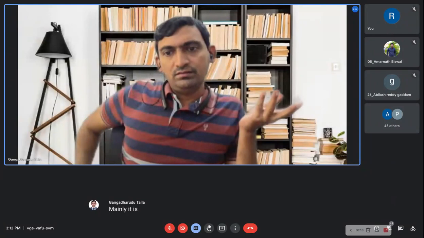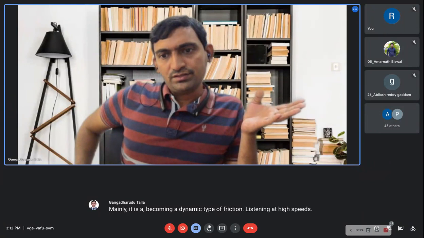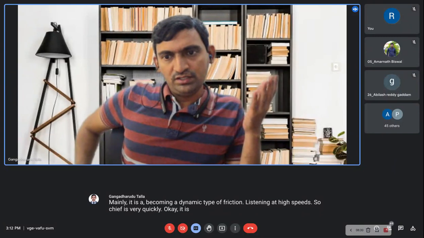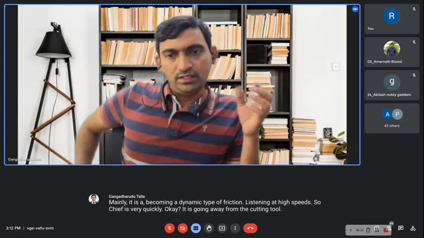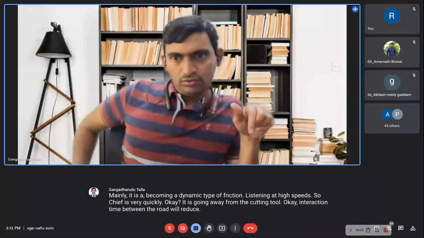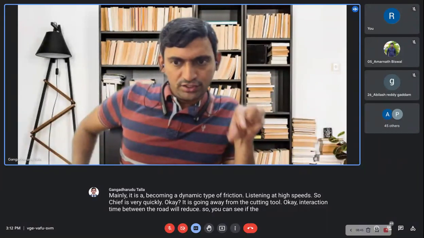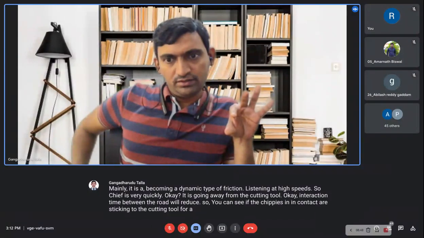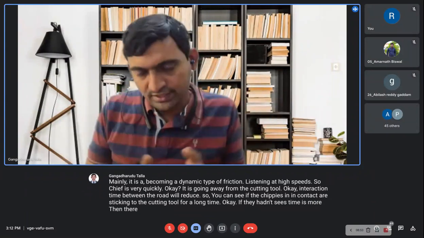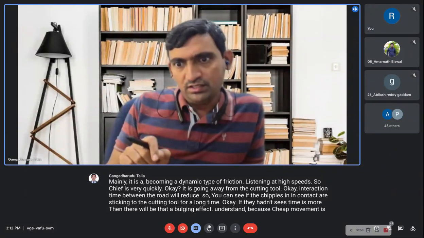Mainly, it is becoming a dynamic type of friction. Understand? At high speeds, the chip is very quickly going away from the cutting tool, so the interaction time between the chip and the tool will reduce. If the chip is in contact or sticking to the cutting tool for a longer time, if the adherence time is more, then there will be that bulging effect, because chip movement is restricted by the cutting tool.